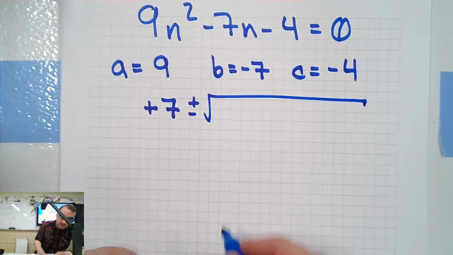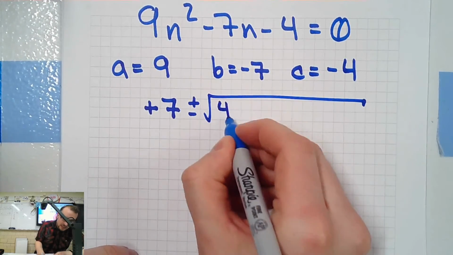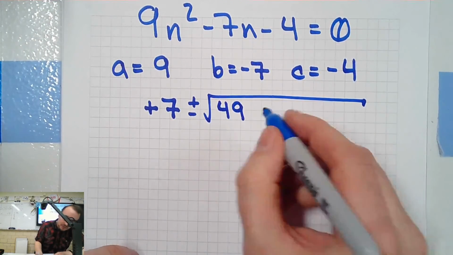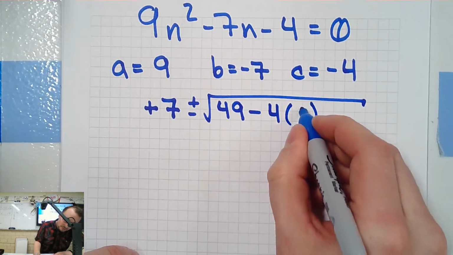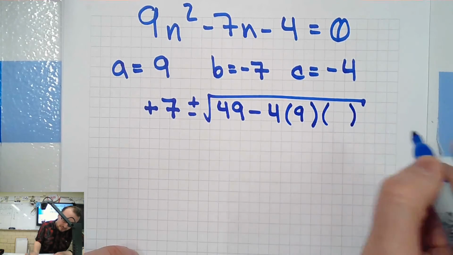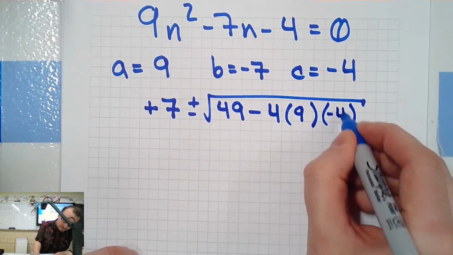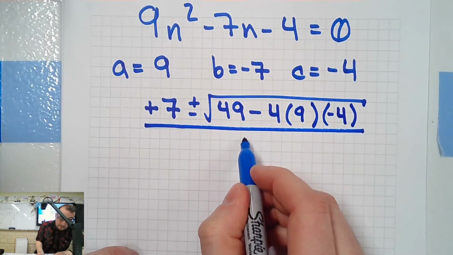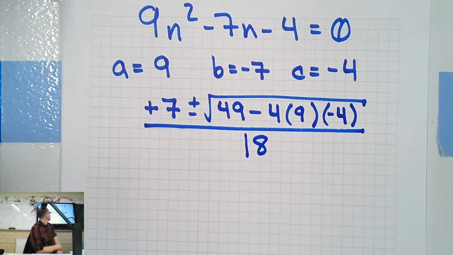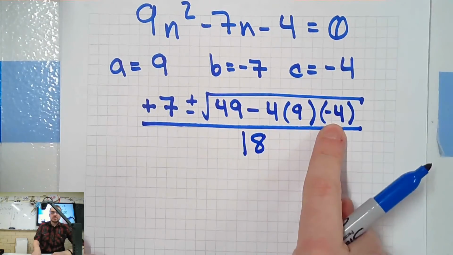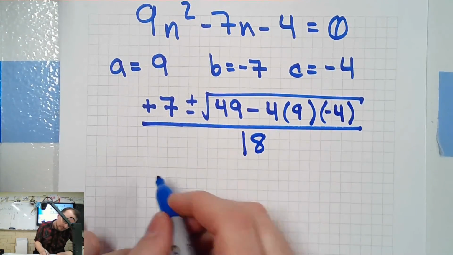What's b squared? 49. Very popular number today. Minus 4 times a. What's a? 9. What's c? 4. Double a. 18. All right. So, we got to figure out what this is. It's going to be a positive answer, right?